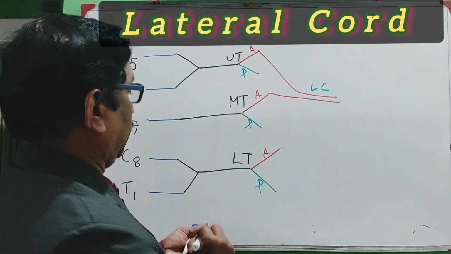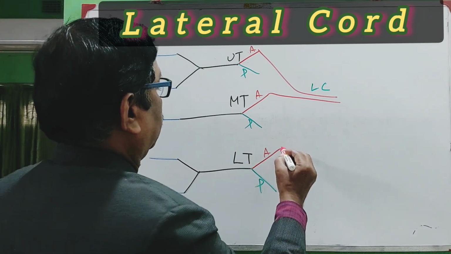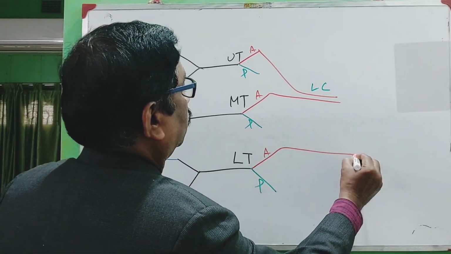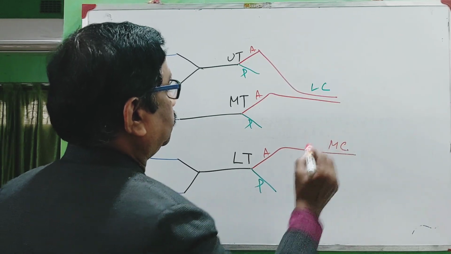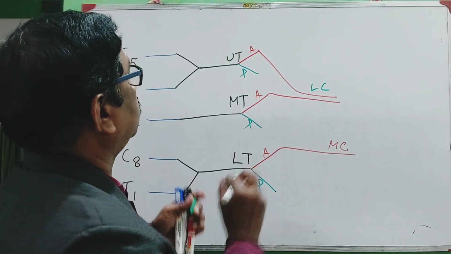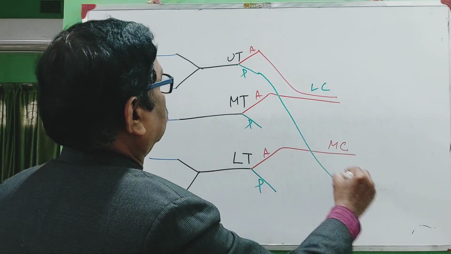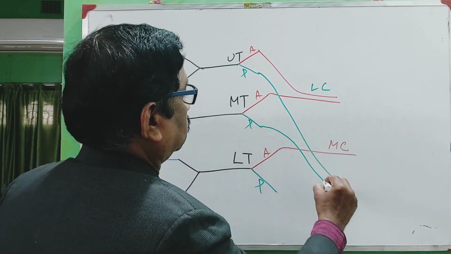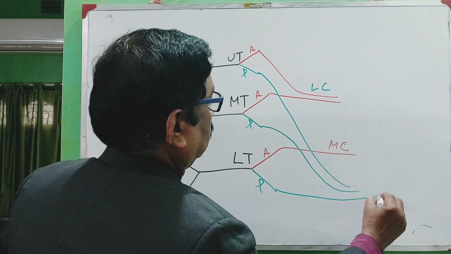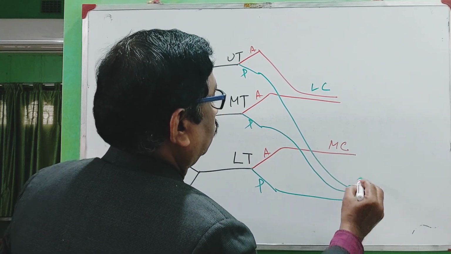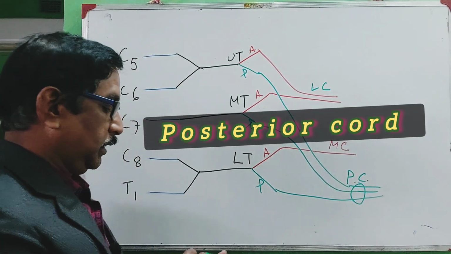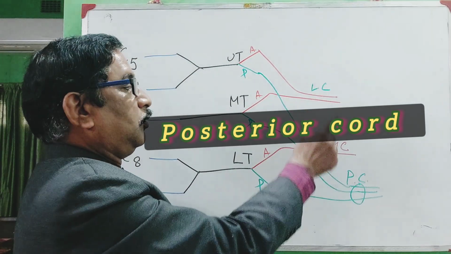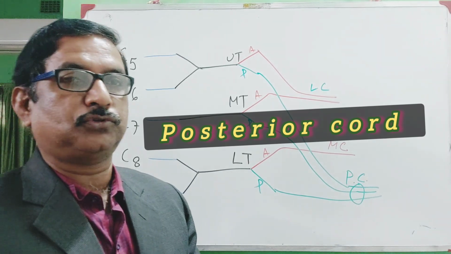The anterior division of the lower trunk will continue as the medial cord, and the posterior divisions of all three trunks will form the posterior cord. So, altogether there are three cords: lateral cord, medial cord and posterior cord.